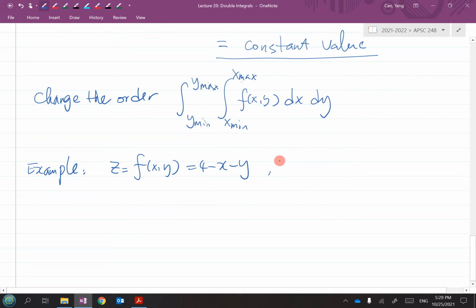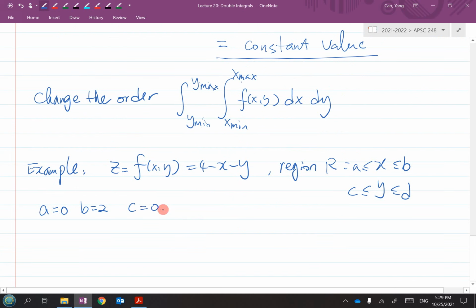And then we have a region R given, which is x between A and B, and y between C and D. So here's your region R, and here is your surface. Let's say we give numbers: A equal to 0, B equal to 2, C equal to 0, D equal to 1. For example.